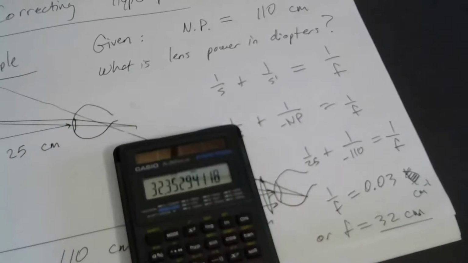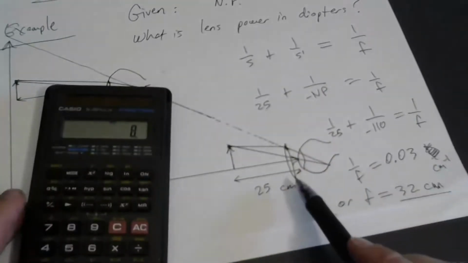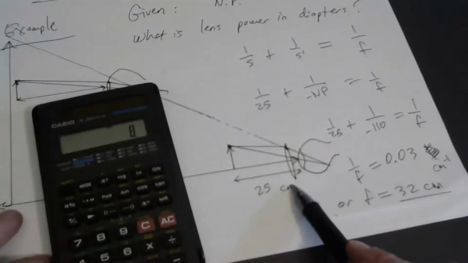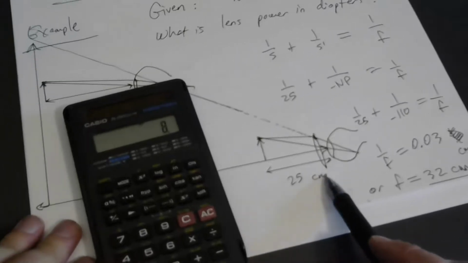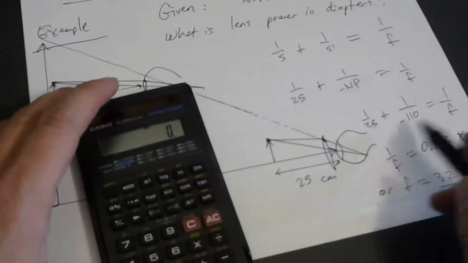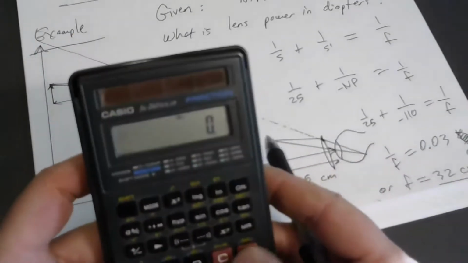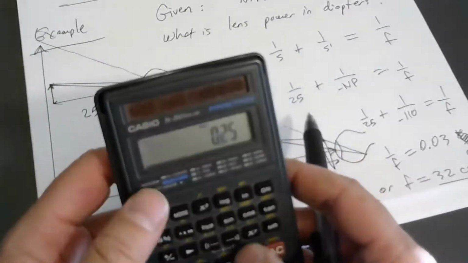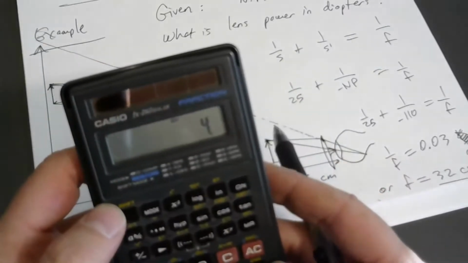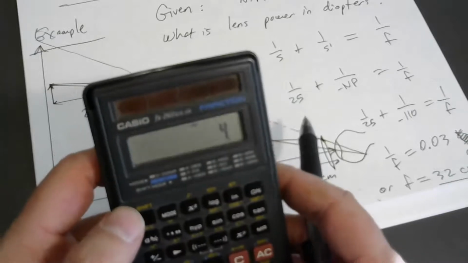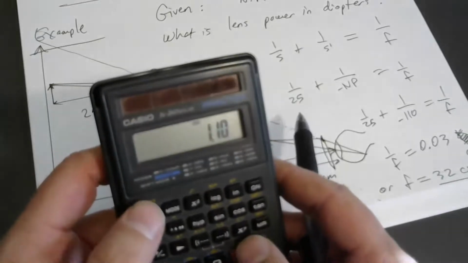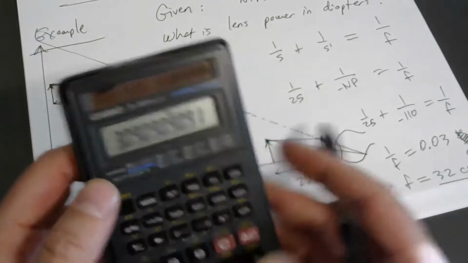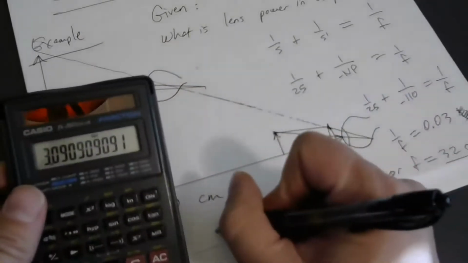Is it positive or negative 32? We're talking about a converging lens. A converging lens has a positive focal length. So I could go back up here and instead of 25 centimeters, I could do 0.25 meters minus 1.10 meters reciprocal. Yeah, okay, so 3 diopters.